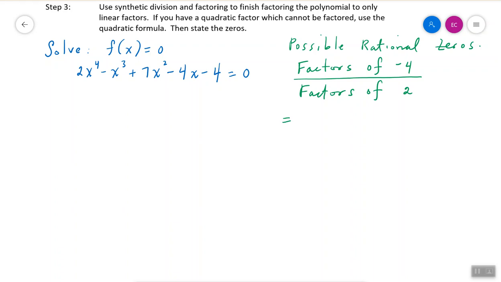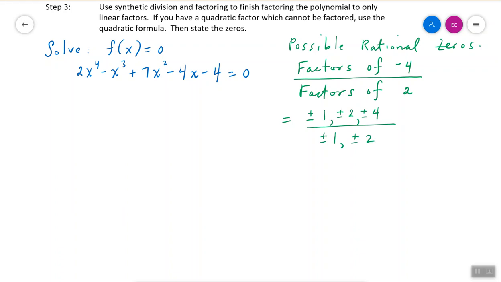And so how can we multiply to 4? We can either do 1 and 4, or we can do 2 times itself. So 1, 2, and 4 are the factors in the numerator. Factors of 2 would just be 1 and 2.